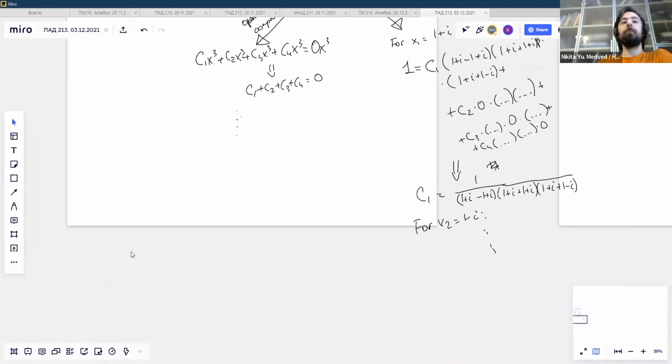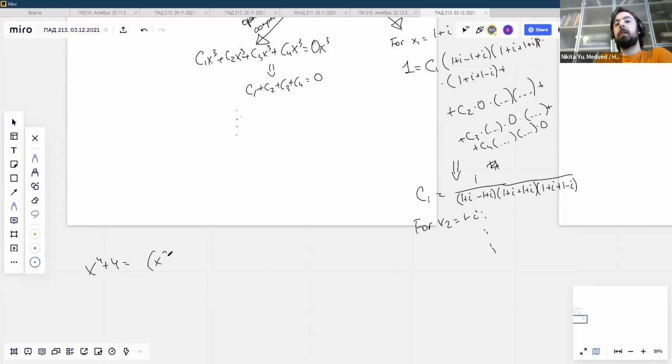also x^4 + 4 equals (x^2 - 2x + 2) times (x^2 + 2x + 2), as we learned last time.